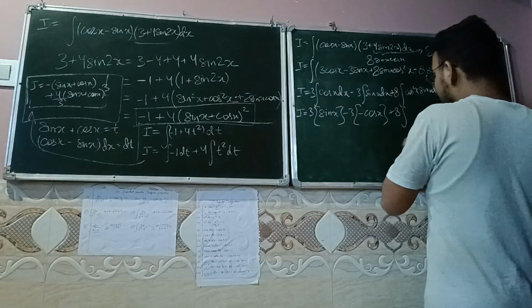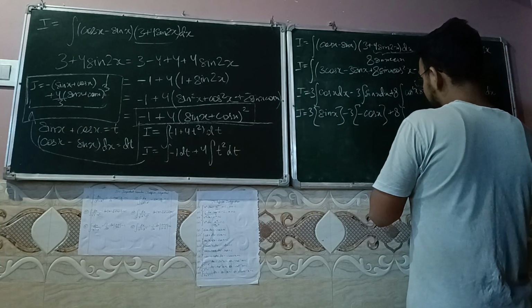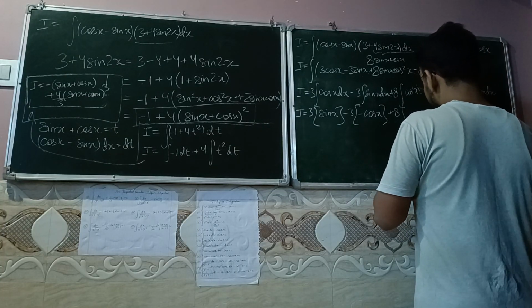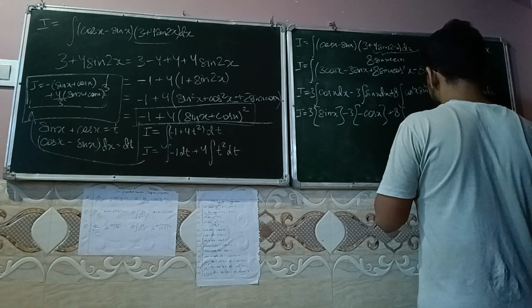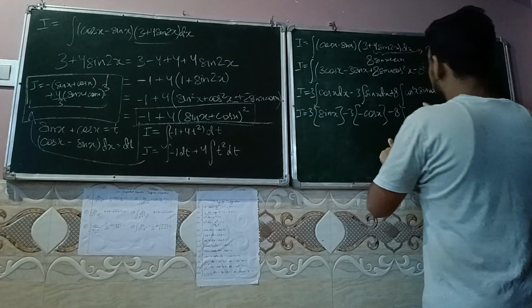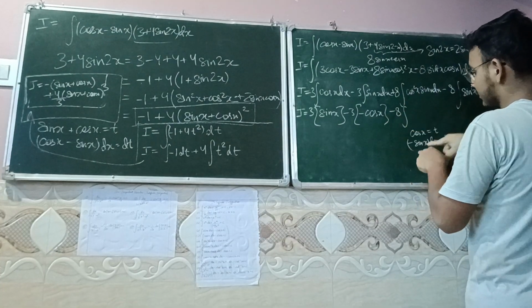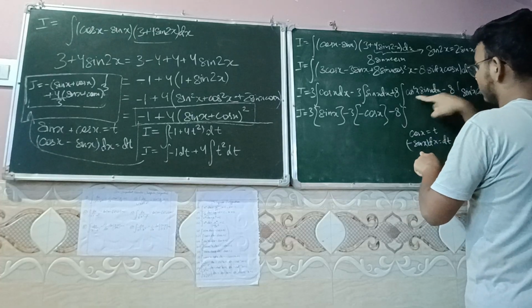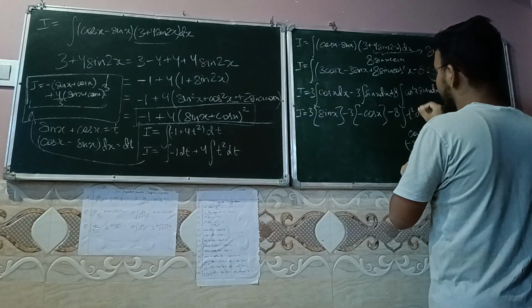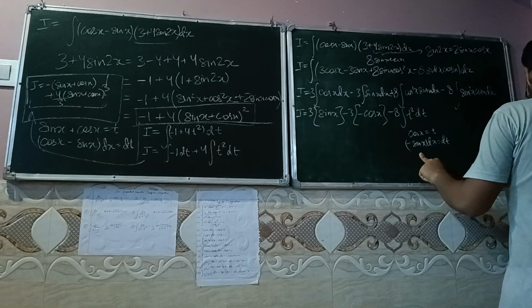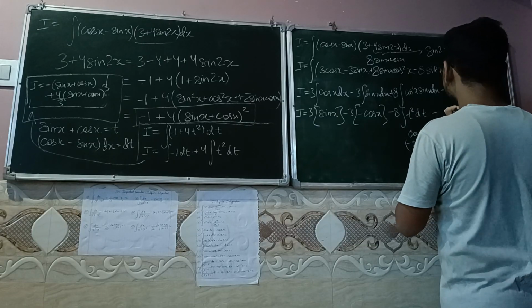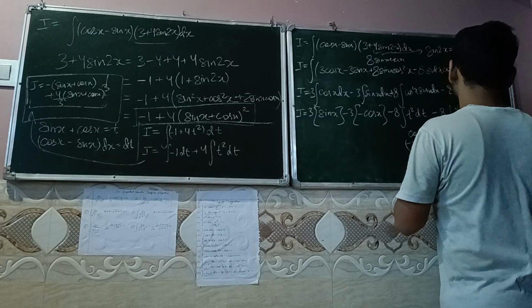So differentiating both sides, negative sin x dx is dt, right? So this negative will be out here, sin x dx here, and cosine. So we will have t squared dt minus 8.